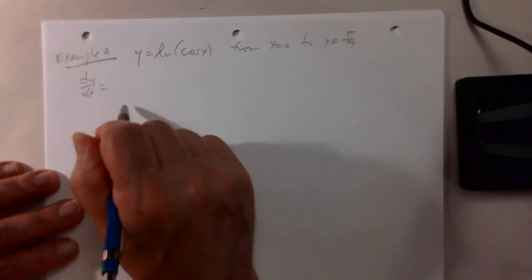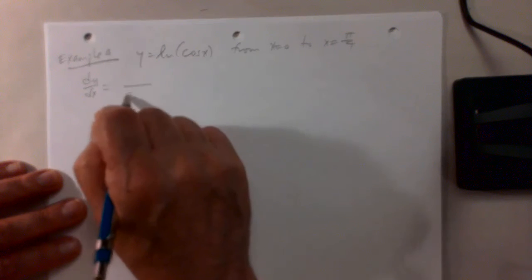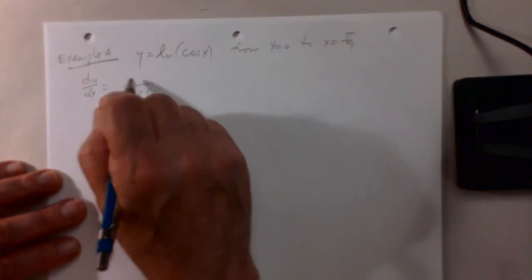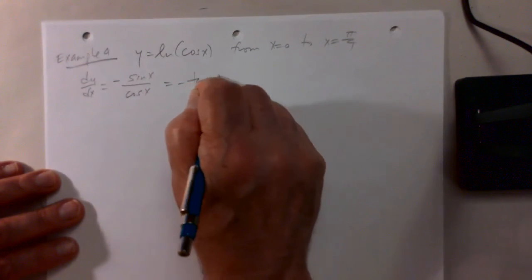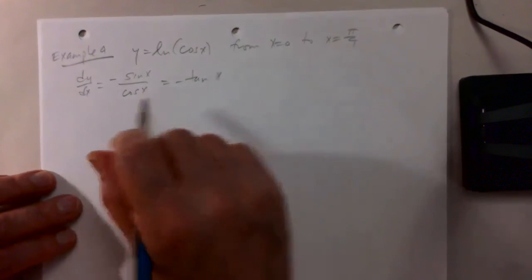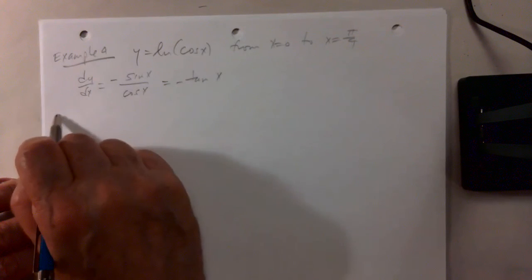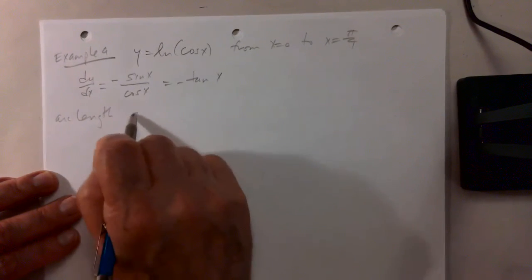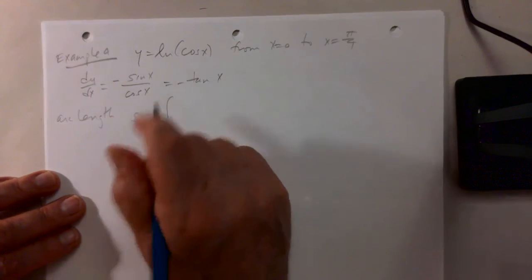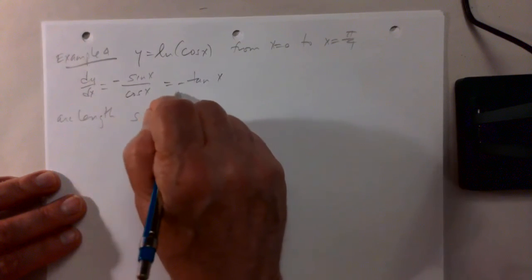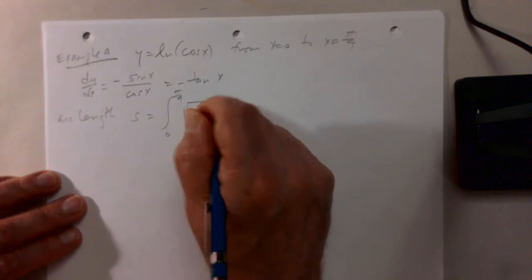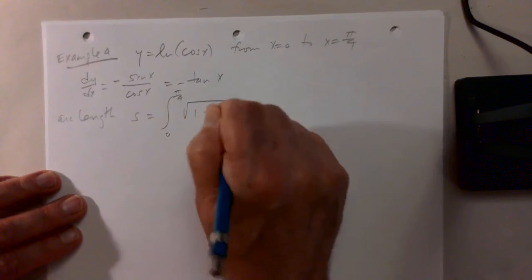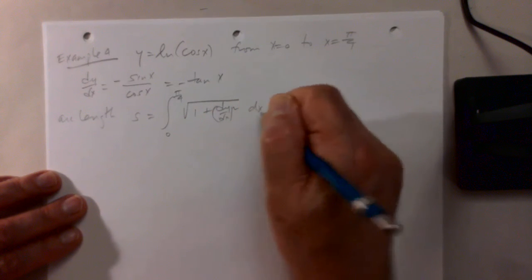By the chain rule, what is dy dx? dy dx is 1 over the cosine of x times the derivative of the cosine, which is minus the sine. So this is minus the tangent of x. So for this curve, the arc length s is the integral from 0 to pi over 4 square root of 1 plus dy dx squared dx.